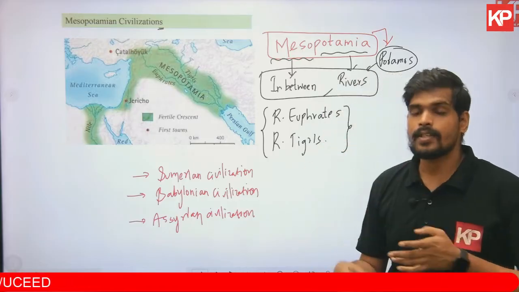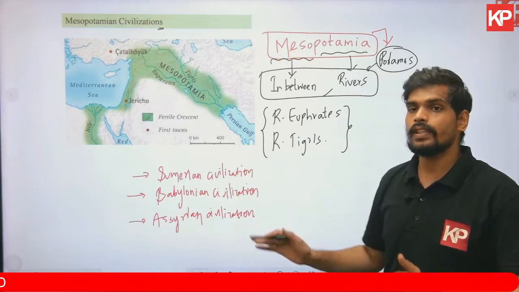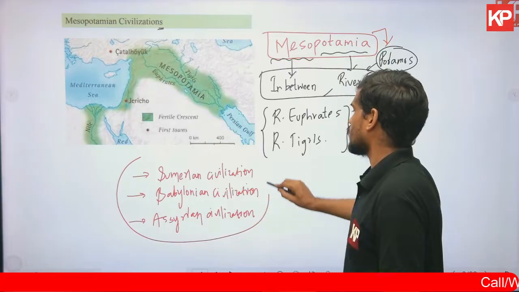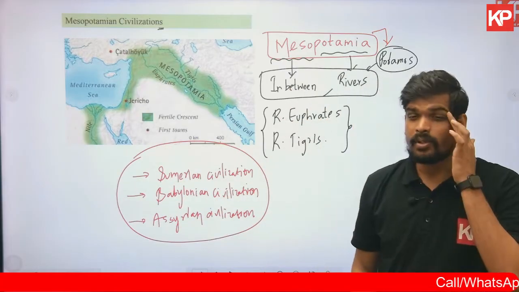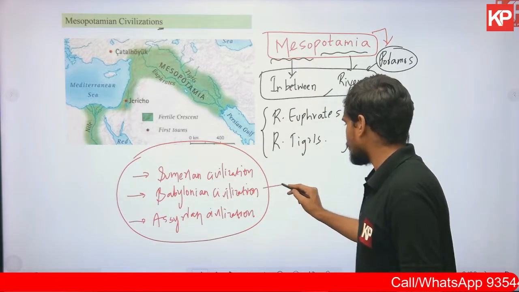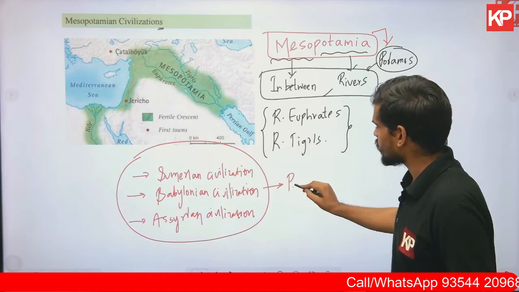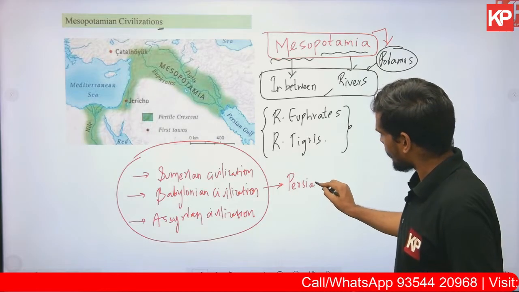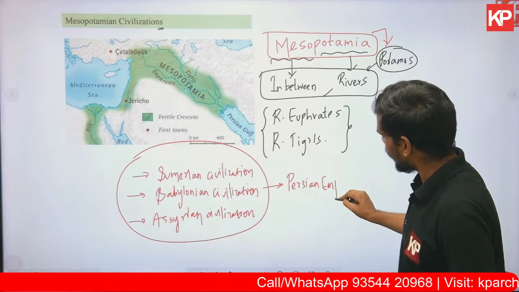Also, sometimes Persian civilization is added to the list. So all these are in the same geographic region. These three are the main Mesopotamian civilizations. After these civilizations, then came the Persian Empire. In that region, Persian Empire was established.